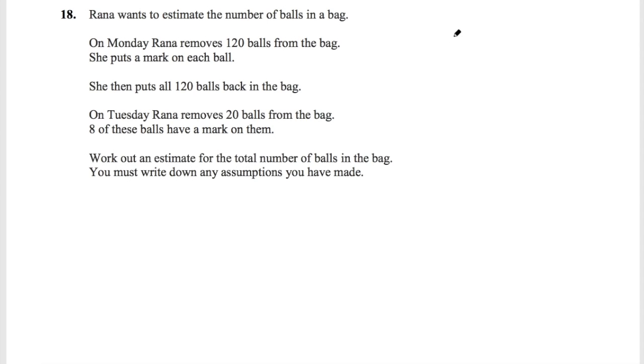Okay, so there is a bag of balls, and Rana pulls out 120 of the balls at the same time, and she puts a mark on them. And she puts them all back in the bag, and then she pulls out 20. And 8 of those balls have a mark on them. So to work out the total number of balls in the bag, we can use this fraction, 8 out of 20.